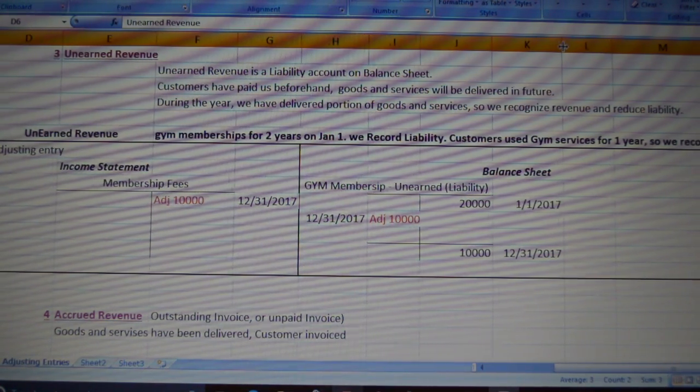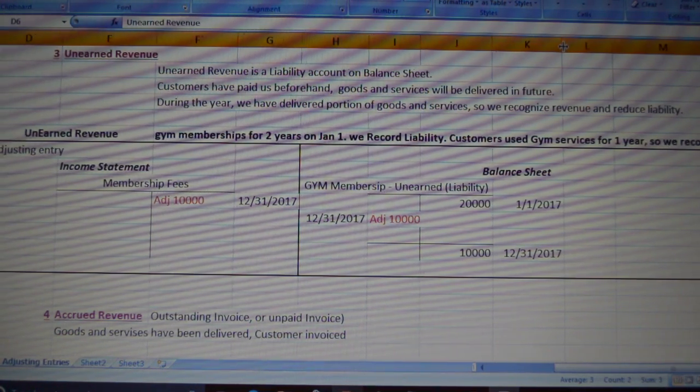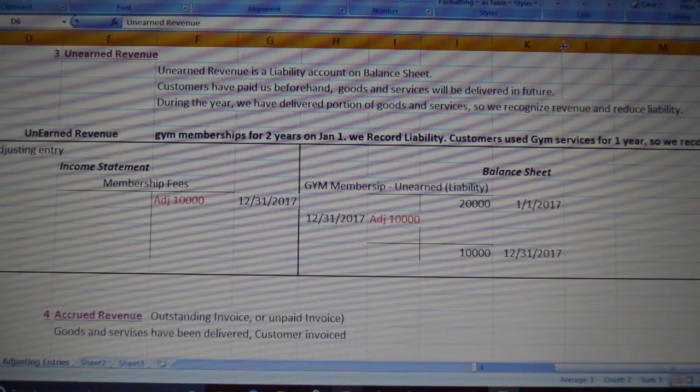So we will not record this as our revenue because we haven't earned it yet. We will record it as a liability on the balance sheet. Now at the end of the year, the customer has used the services of the gym for 1 year. So we will record the revenue at the end of the year for 1 year.